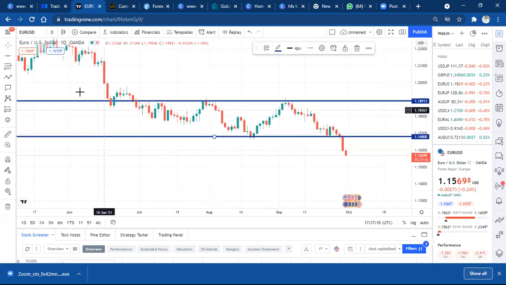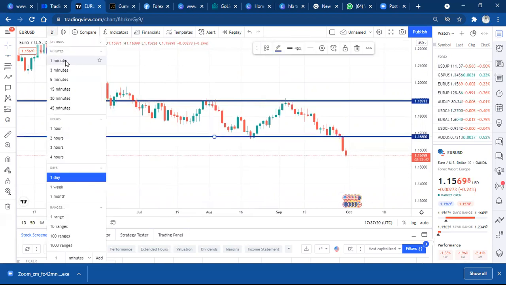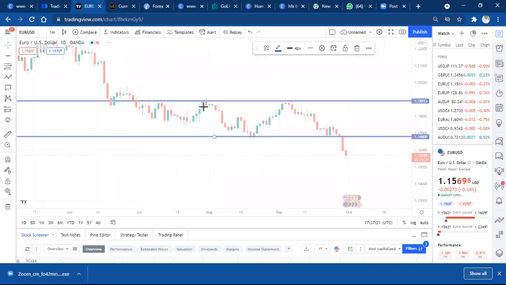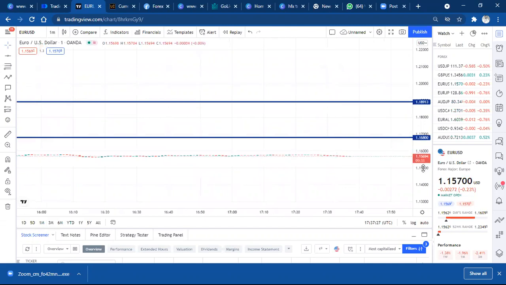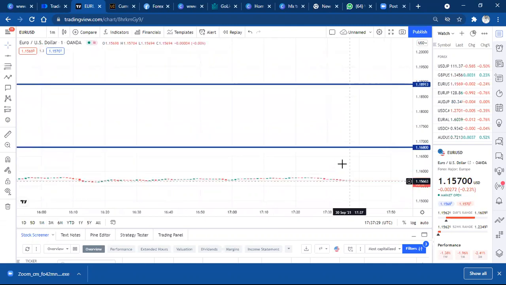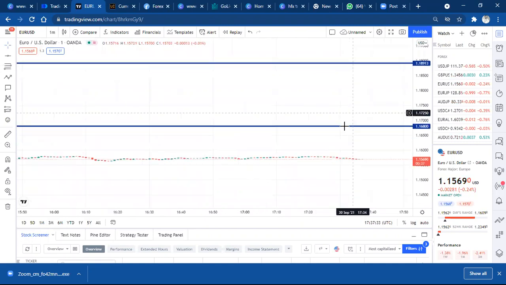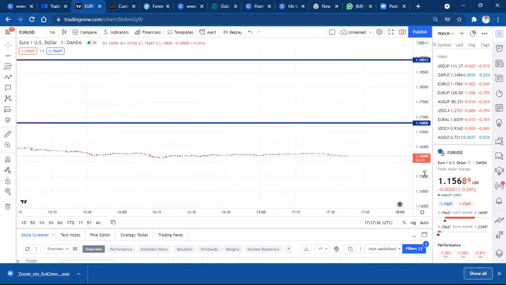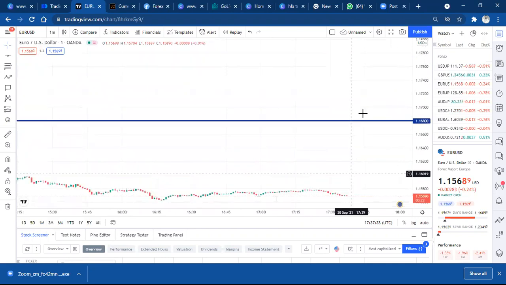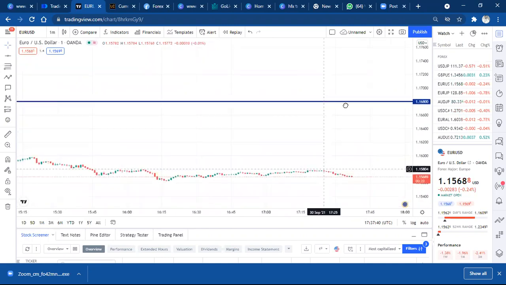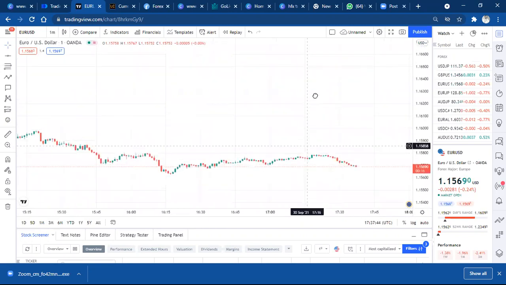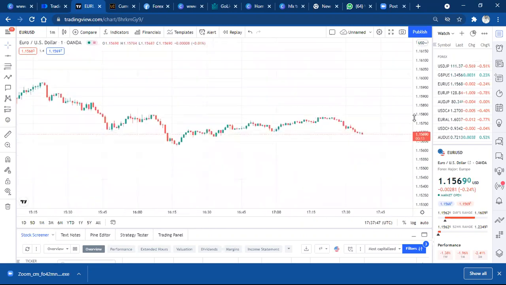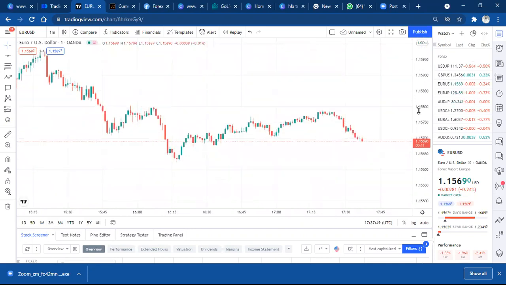And I want to analyze this thing on a 1 minute time frame. Can you see my daily support is very high up there. The distance between it and where the candle is operating at the moment is very far.